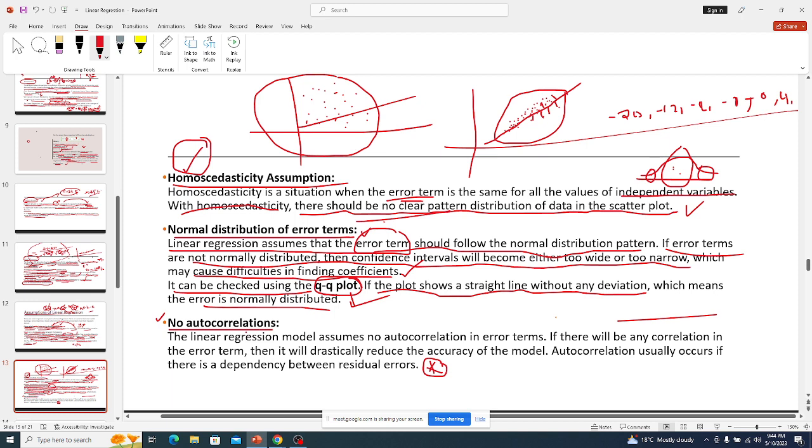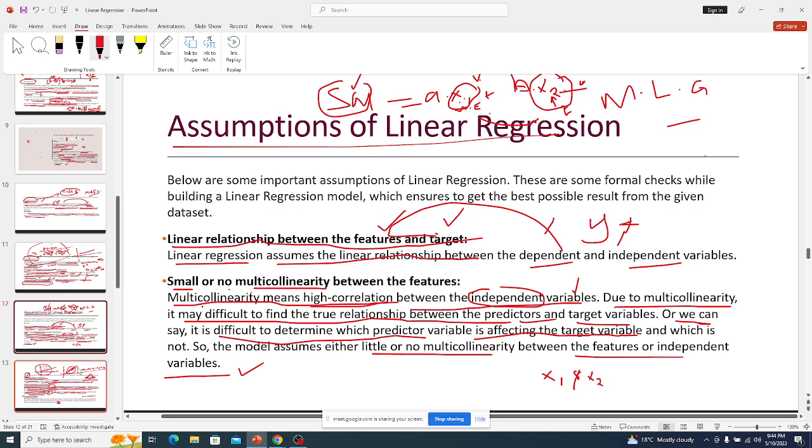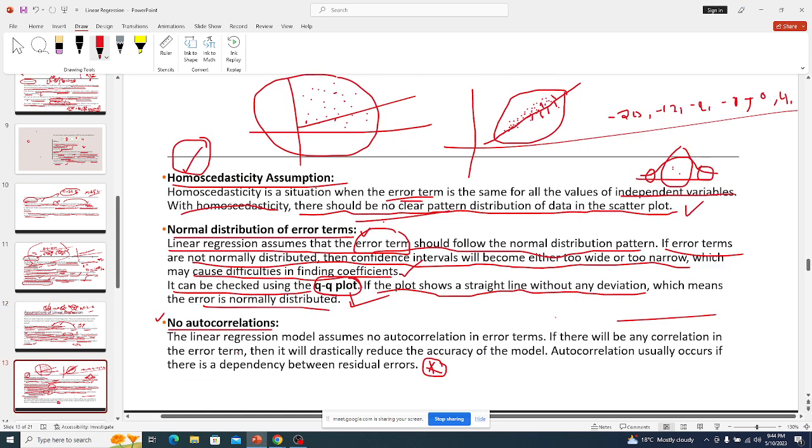Don't confuse autocorrelation and multicollinearity. Sometimes it is very easy to confuse. But when we are talking of autocorrelation, we are talking about correlation between the error terms. With multicollinearity, we are talking about correlation between the independent variables.